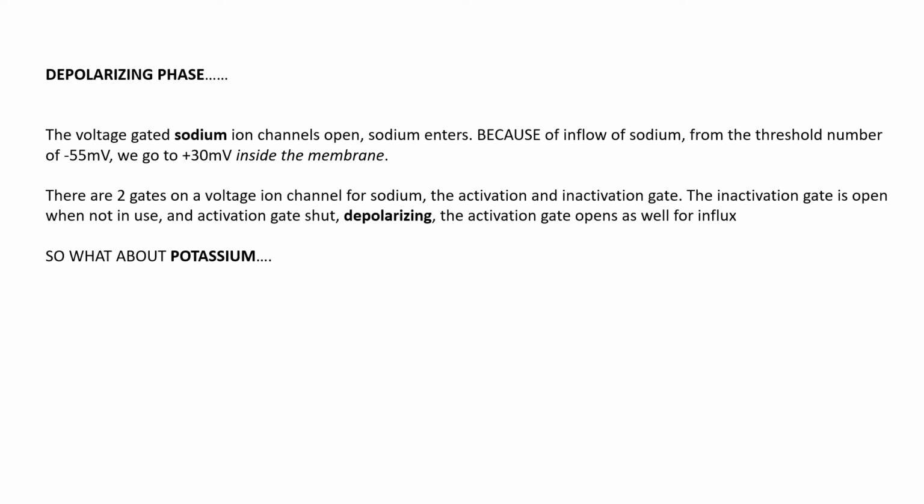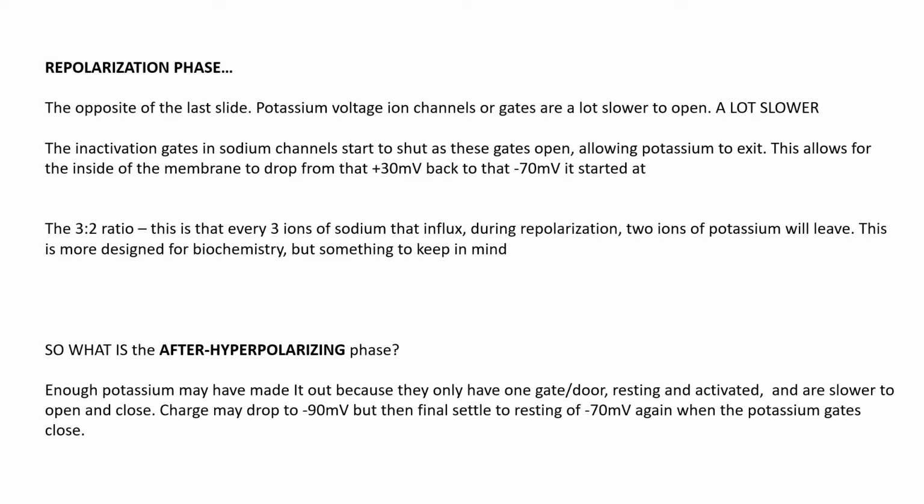Potassium happens in the next phase, which is repolarizing. So it basically does the opposite. Potassium voltage ion channels are a lot slower to open, and they do not have two gates on them. So the inactivation gates are already shutting on the sodium channels to stop inflow of sodium when the potassium gate opens, allowing potassium to exit.